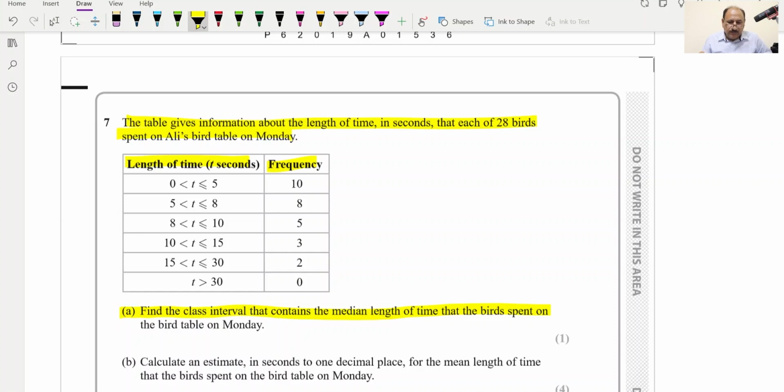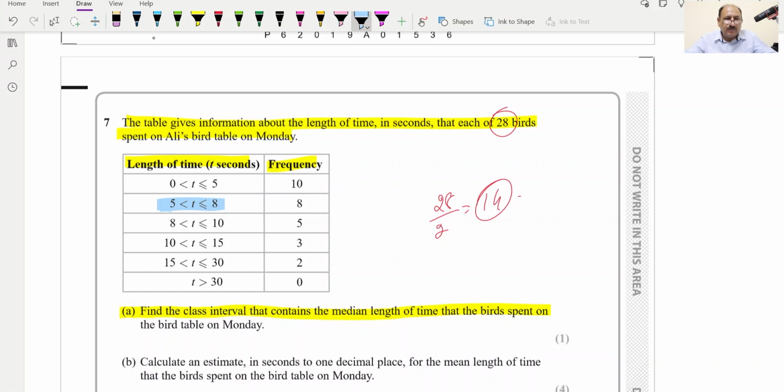So if we check, this total is 28. So 28 divided by 2 will be equal to 14. Now we have to check where 14 will be. 10 is here, so 14 will be in this class.